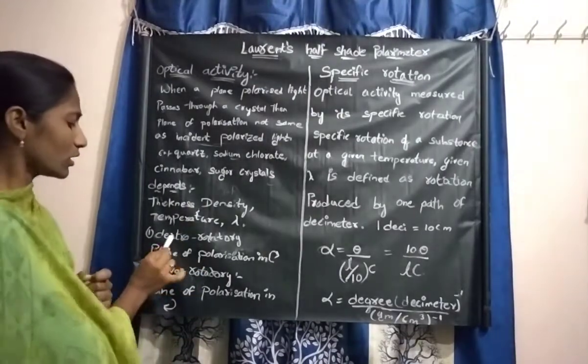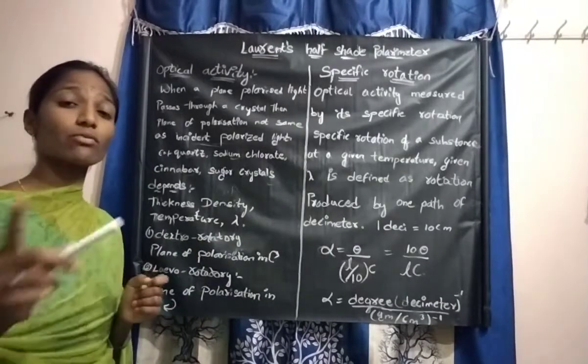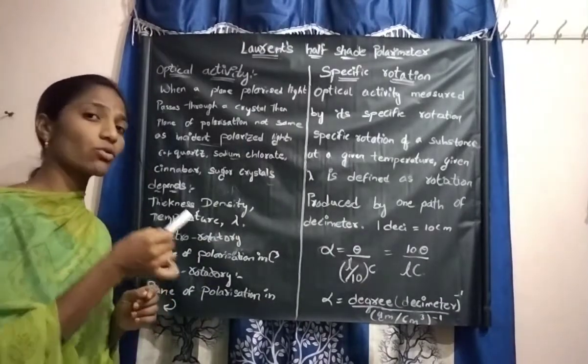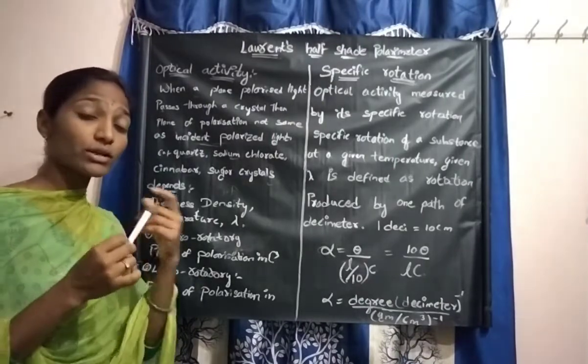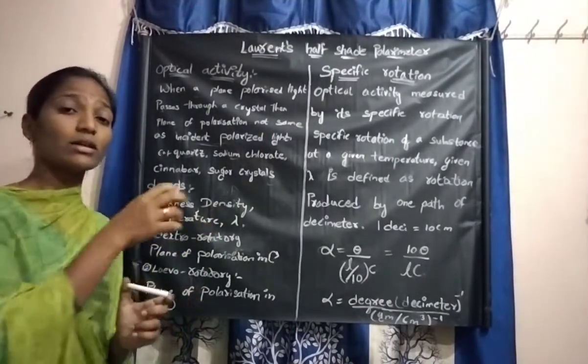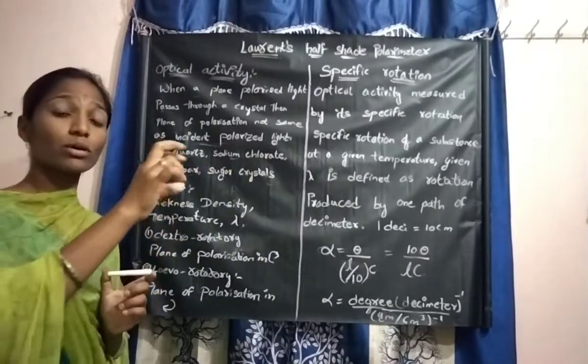Now the optically active substances are of two types. One is Dextro Rotatory and the other is Laevo Rotatory. As I said, the optical activity of a substance shows this phenomenon through a rotation.